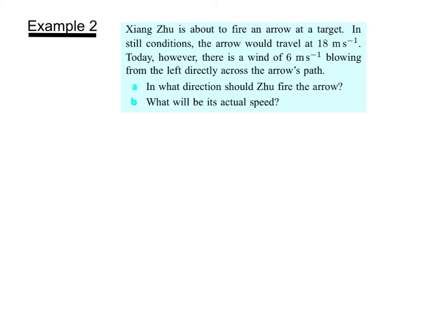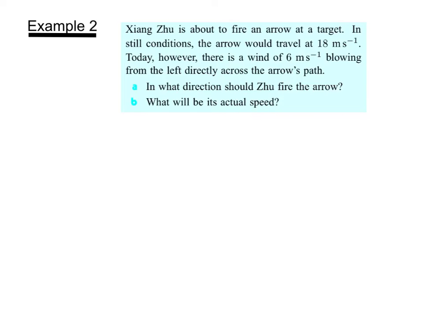However, today there's a wind of 6 meters per second blowing directly across her path from the left. So we have two questions here. In which direction should she shoot the arrow so that it doesn't get blown off target and hits the target? And what will its actual airspeed be after we've accounted for the wind?